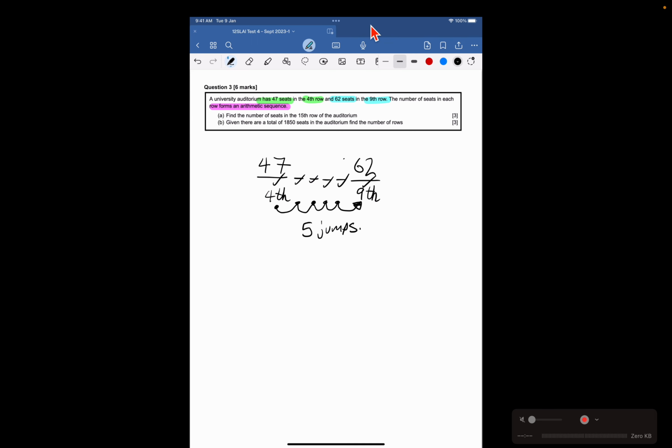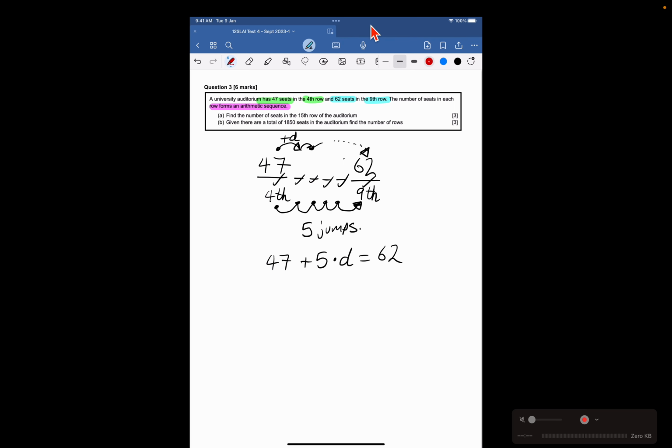To get from one number to the next, we add d, the common difference. So to get from the 47 all the way to the 62, it's 47 plus 5 jumps, and each jump is worth d. 47 plus 5d equals 62.